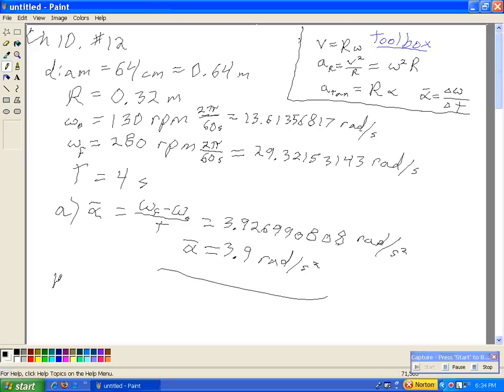The next part asks for the components of the linear acceleration. So the components are tangential acceleration and radial acceleration, or centripetal acceleration. Let's look at the tangential acceleration.